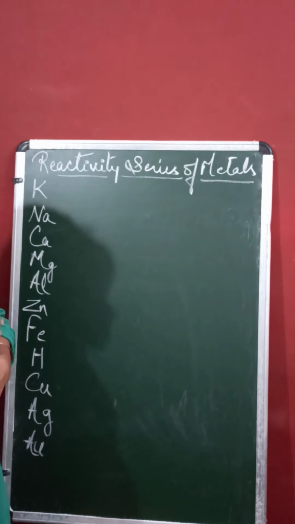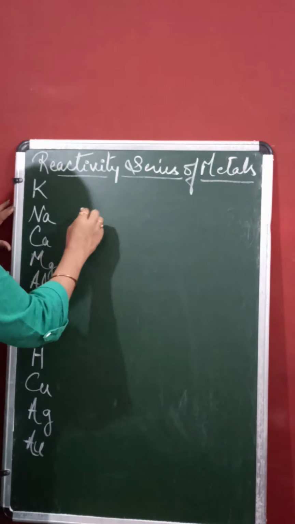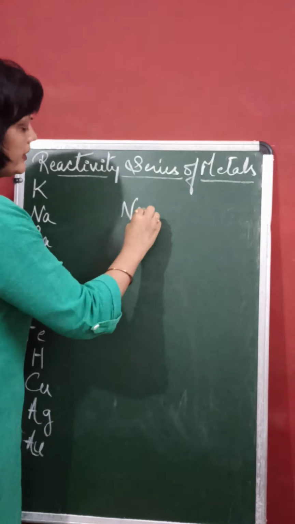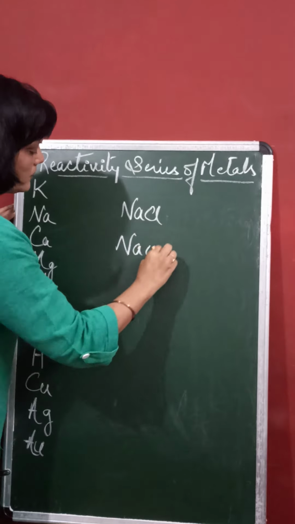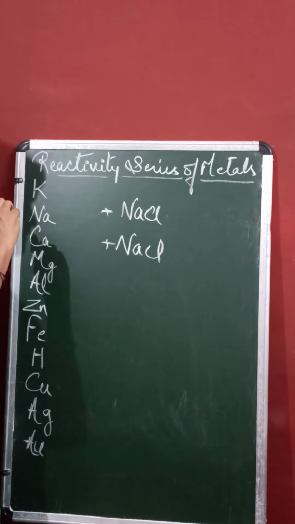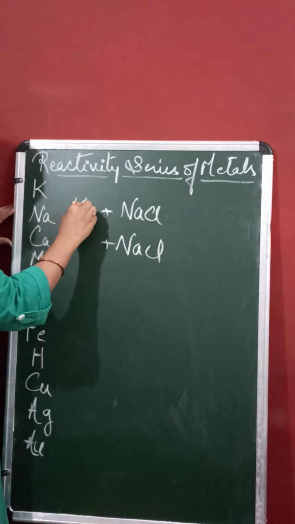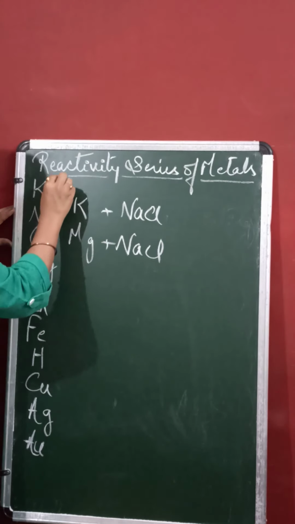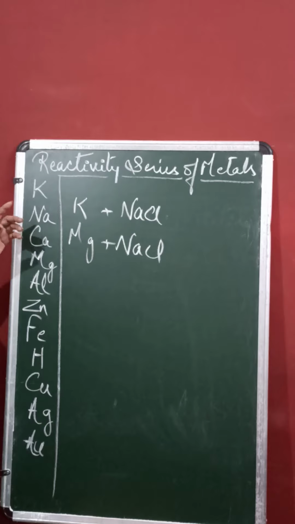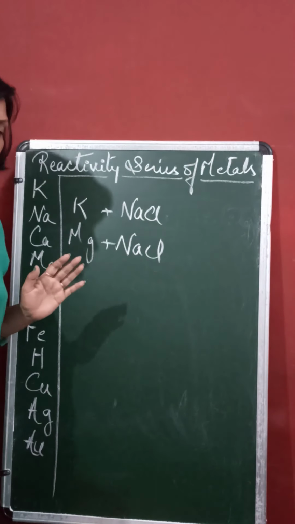Suppose that salt solution is NaCl. This NaCl is first reacted with potassium, and secondly it is reacted with magnesium. Now see what happens. How to explain this reaction?